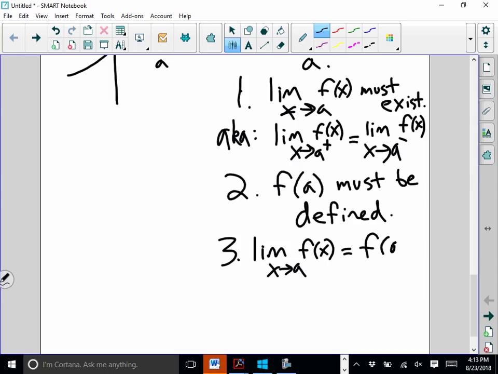Not only must the limit exist as x goes to a, not only must the function be defined at a, but the limit as x goes to a of f of x must equal f of a.